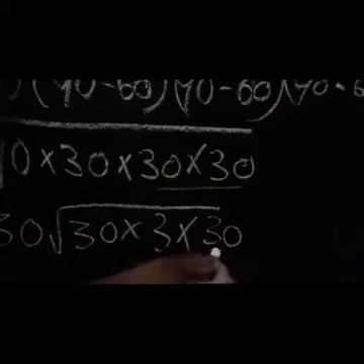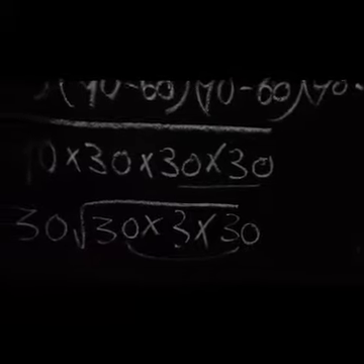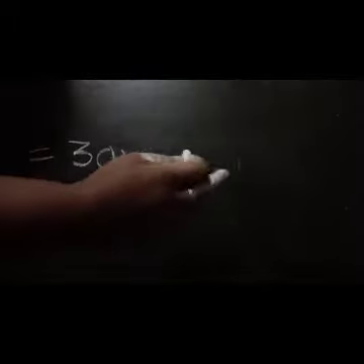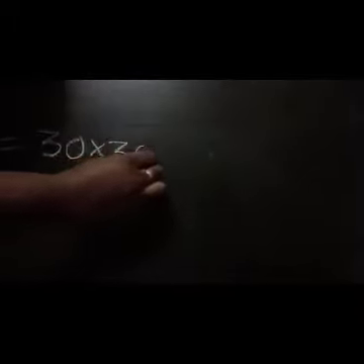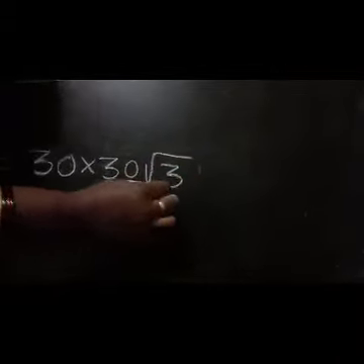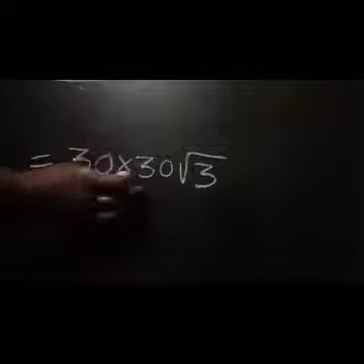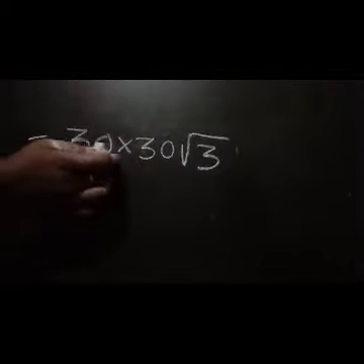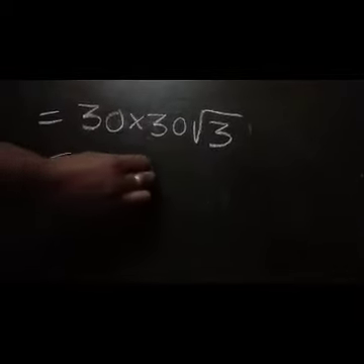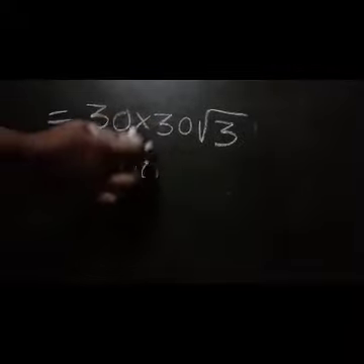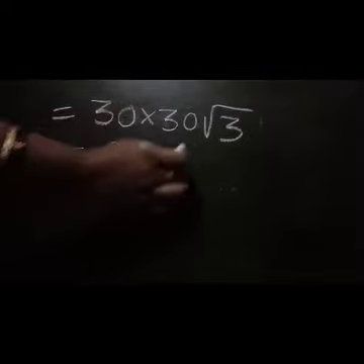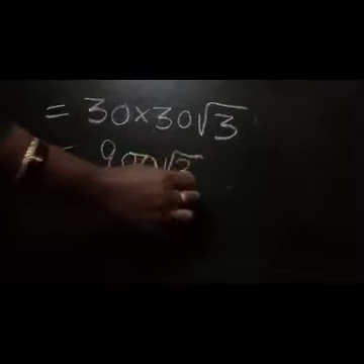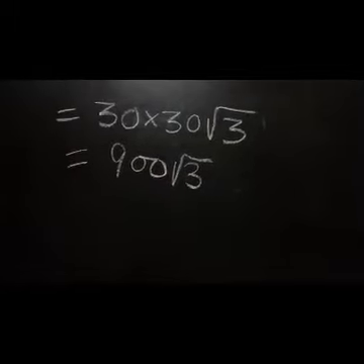So this 30 and this 30, 2 times is there. That's why 1 time we can take outside. Already we have square root of 3. So 30 into 30 is 900, and we have square root of 3.